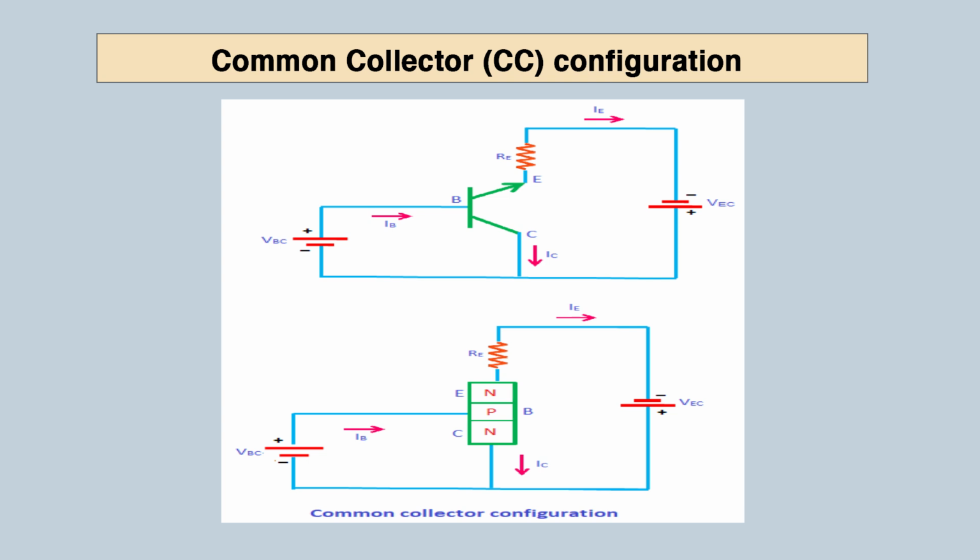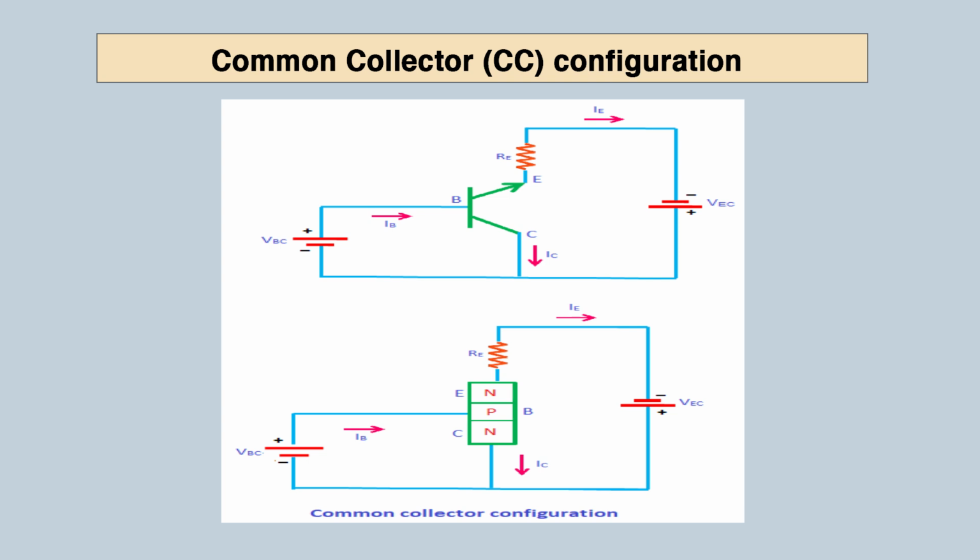The common collector configuration is also called emitter follower or voltage follower, because the output emitter voltage always follows the input voltage. Let me explain with an example. The base emitter voltage is 0.7 volt, and if the input voltage is 5 volts, then the output will be 5 volts minus 0.7 volts, that is 4.3 volts.